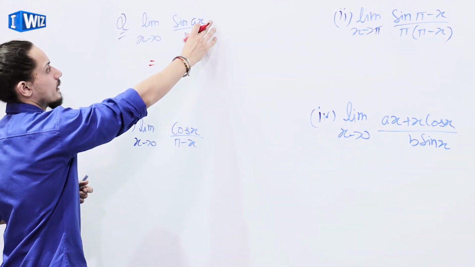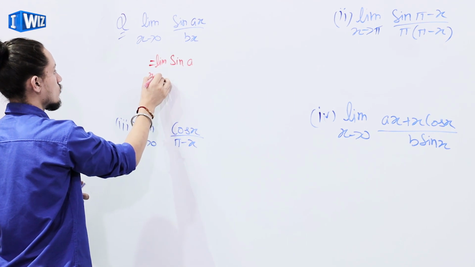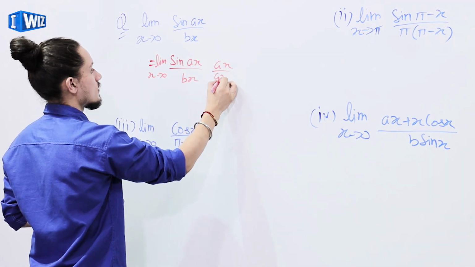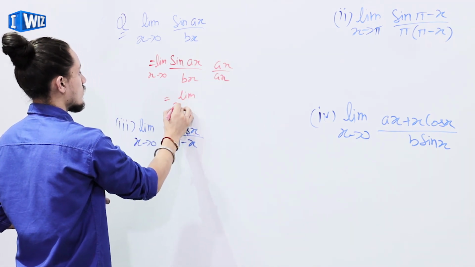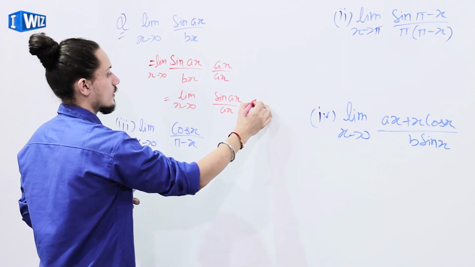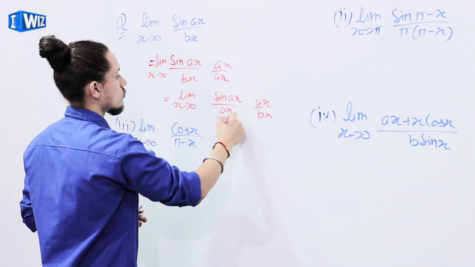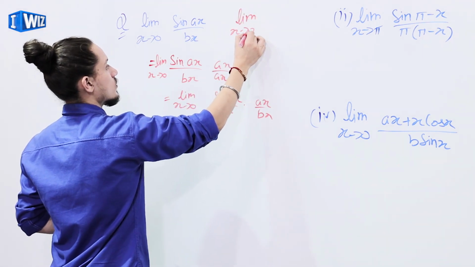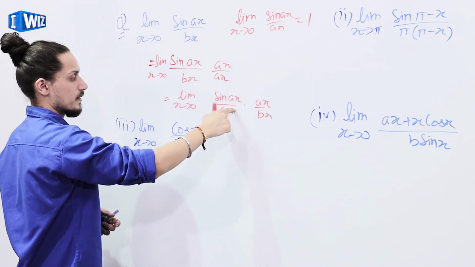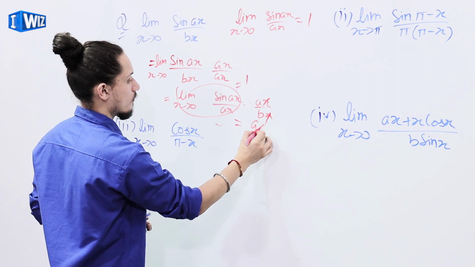So if I multiply and divide it by ax, I can write limit x approaches 0 of sin ax upon bx into ax upon ax, which is equal to limit x approaches 0 of (sin ax upon ax) into (ax upon bx). We interchanged these two, it can be done in multiplication. So we know limit x approaches 0 of sin ax upon ax is equal to 1. So this will become 1, and x cancels with x. What is the final answer? This whole term becomes 1, final answer is a upon b.